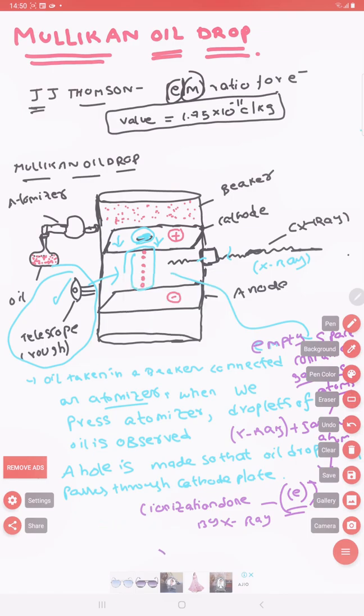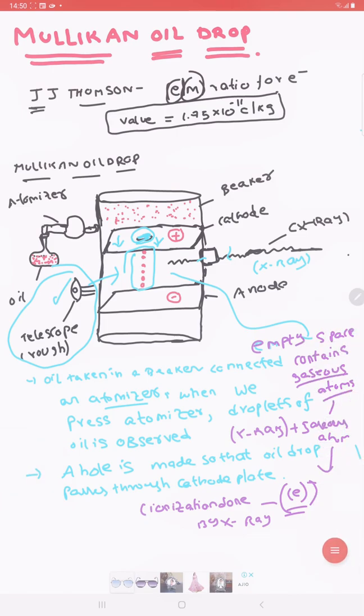Yes. Now, as the gaseous atom here, you can see I'm taking an electron. Now the oil drop. Now see, I'm drawing here electron plus oil drop.